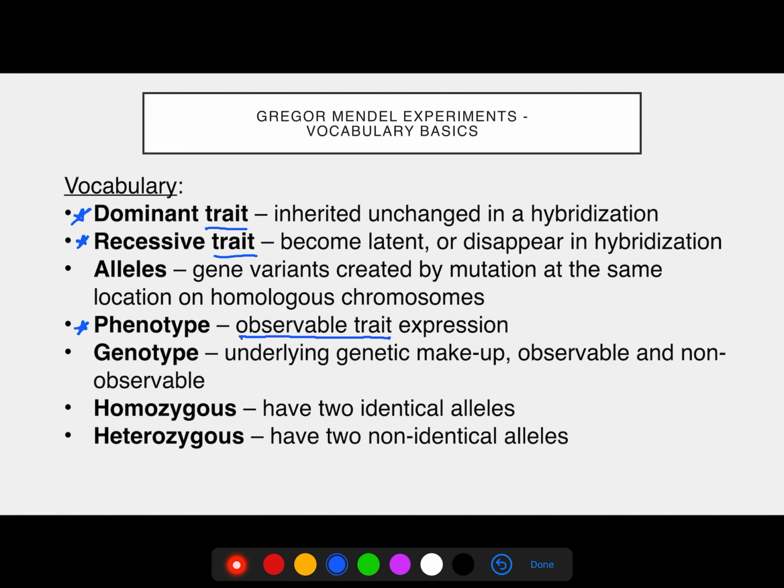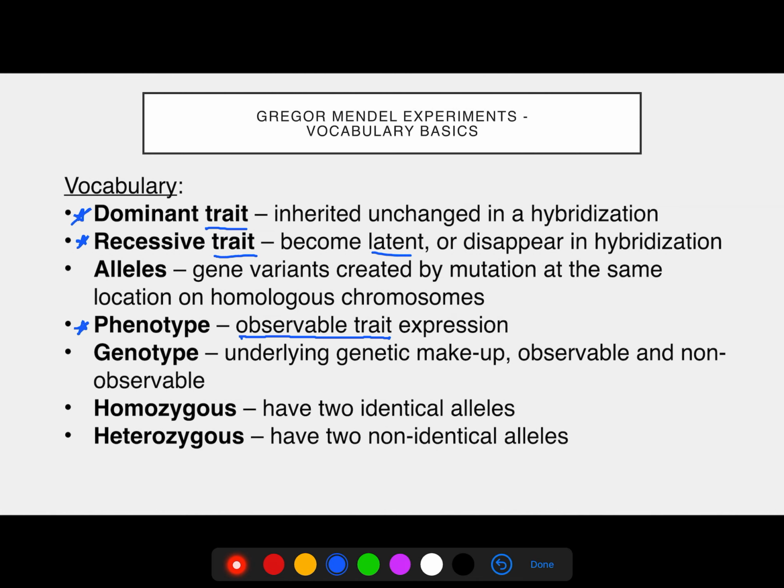It's there, it's latent, or you might even hear the term carrier. So you might carry a trait but not have that phenotype. And so that's a really important term to understand, is that you can't see that particular trait whenever an organism has that and a dominant trait is there. That dominant will mask the recessive trait.